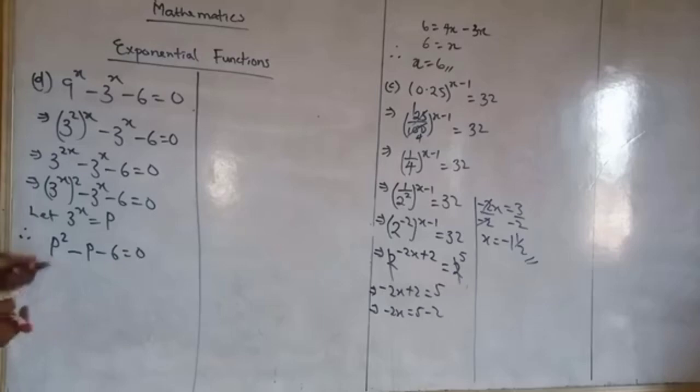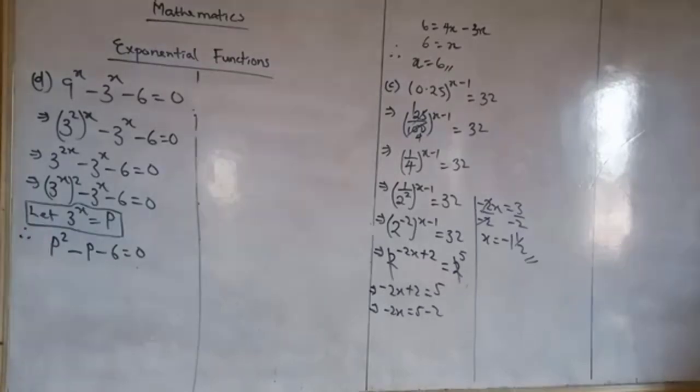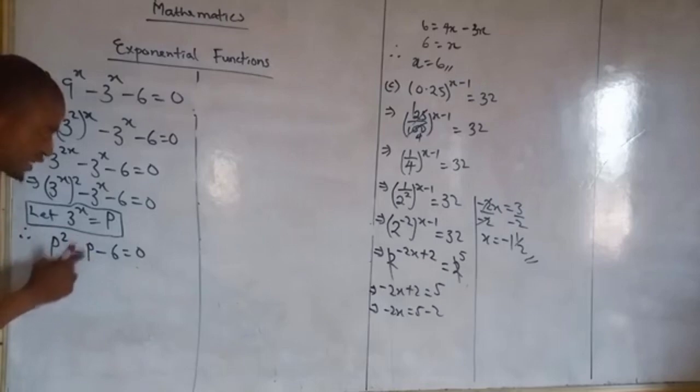We observe that this has turned into a quadratic equation. So we look for the two numbers that we multiply together to get negative 6, but when we add the same numbers together, we get negative 1, because the coefficient of p here is negative 1.